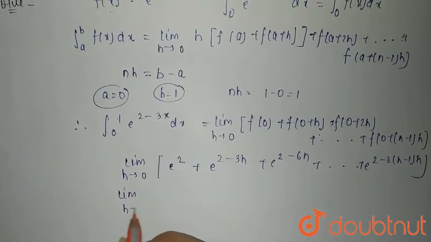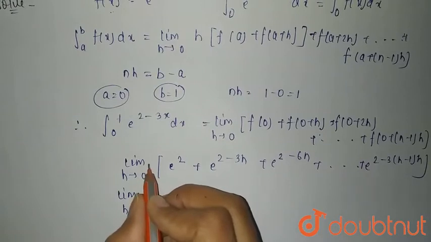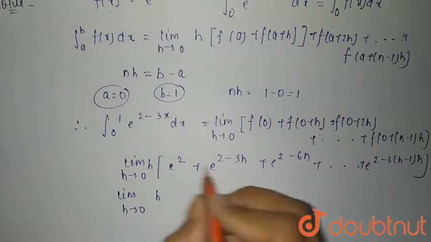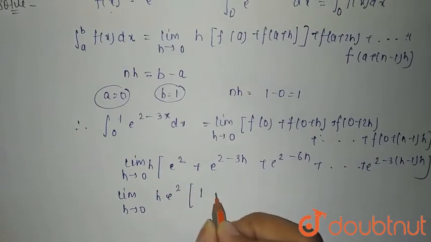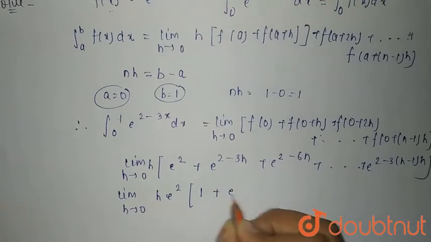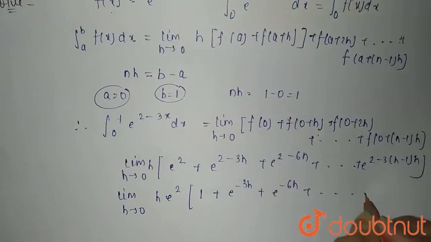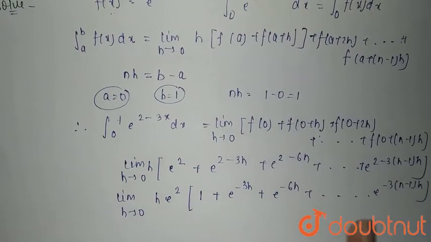Limit h tending to 0, taking h common, and e squared common in all the terms, you are left with 1, e to the power minus 3h, e to the power minus 6h, and so on up to e to the power minus 3(n minus 1)h.